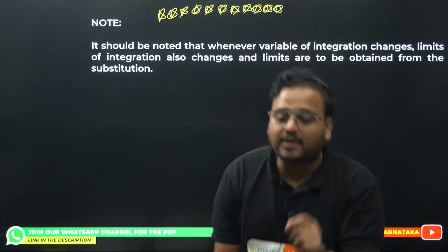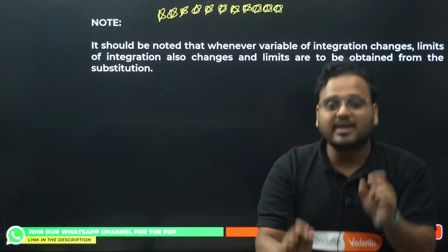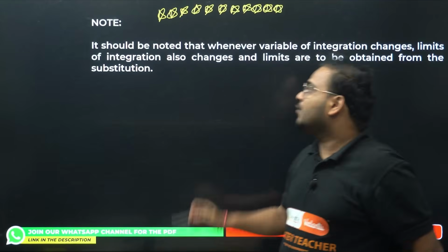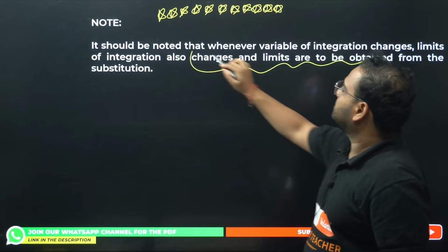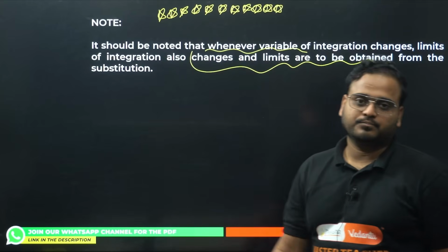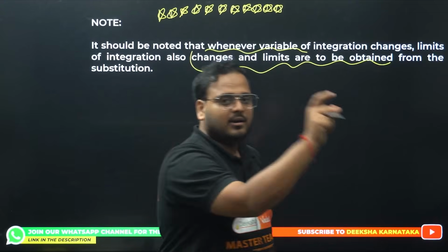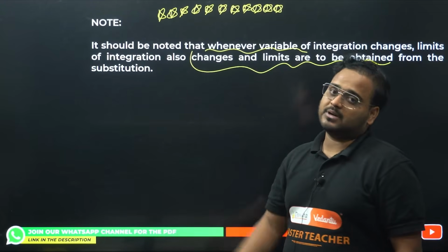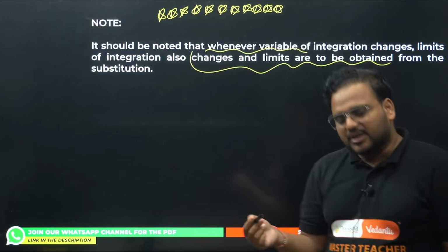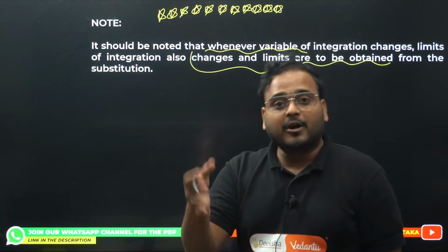Whenever you are making any substitution, understand this statement very clearly: you have to change the limits as well. If you are making any substitution, tan x as t, sin x as t, whatever it is, change the limit, because in the original question they must have given you the limits for x.